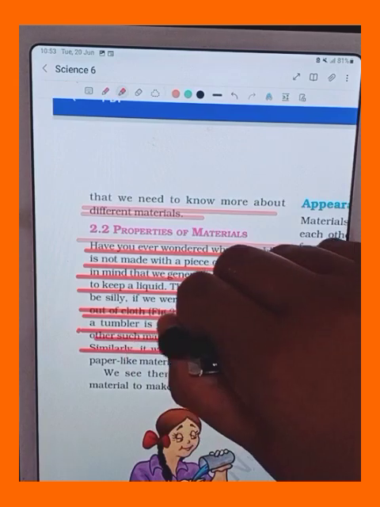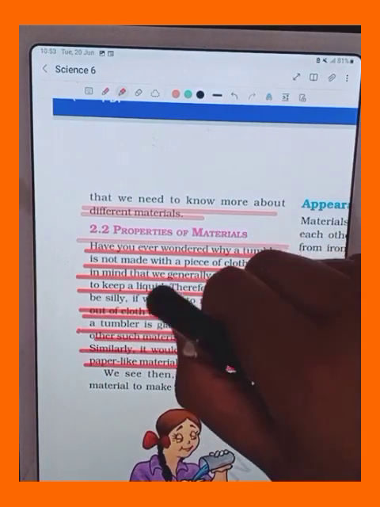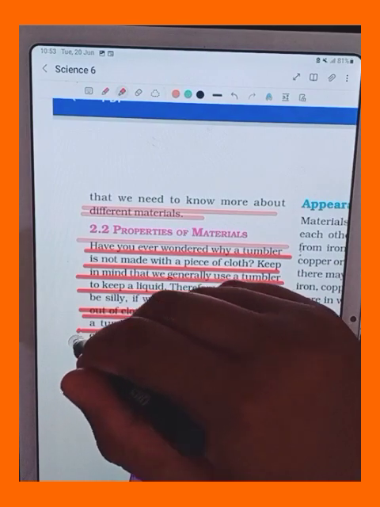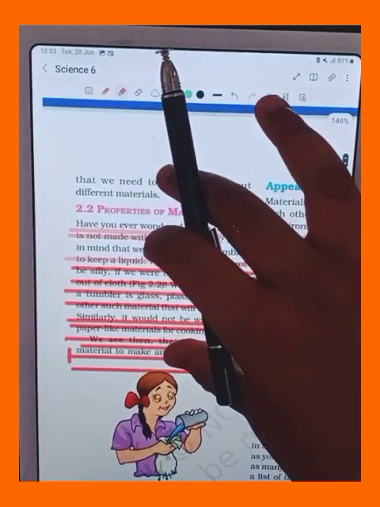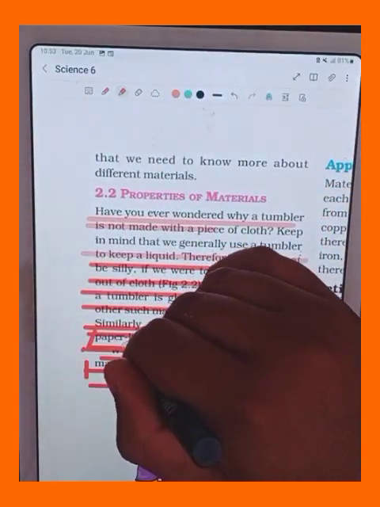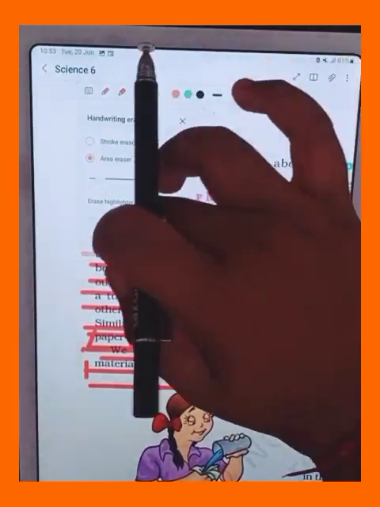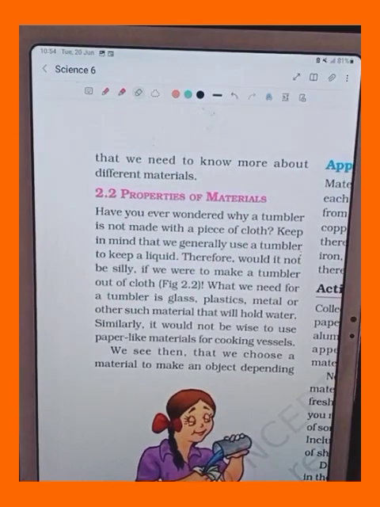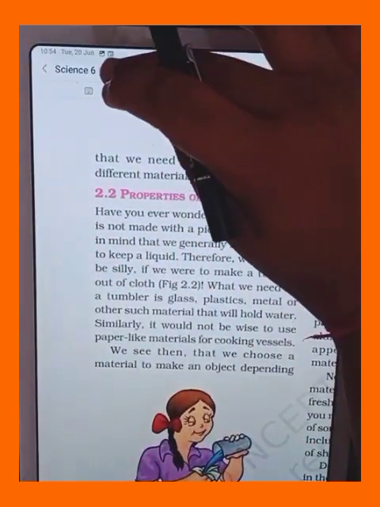Similarly, it would not be wise to use paper-like materials for cooking vessels. Why can't paper be used for cooking vessels? It can't be used because paper is too thin, and when it is heated, the paper will also burn, even at a very low temperature.